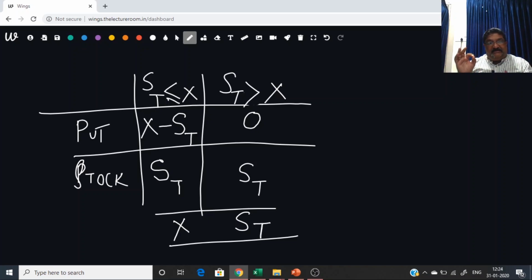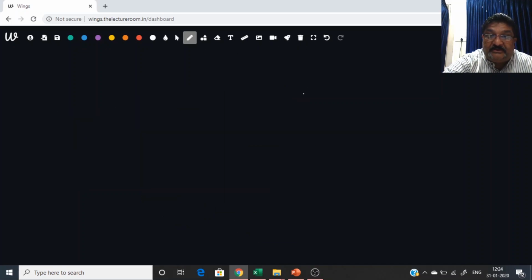Therefore, in an ideal situation, whether you take a fiduciary call option or a protective put option, you are going to get a similar return X in the first scenario and a similar return ST in the second scenario. Therefore, my dear friends, we come to the conclusion of this particular equation, which is called the put-call parity.